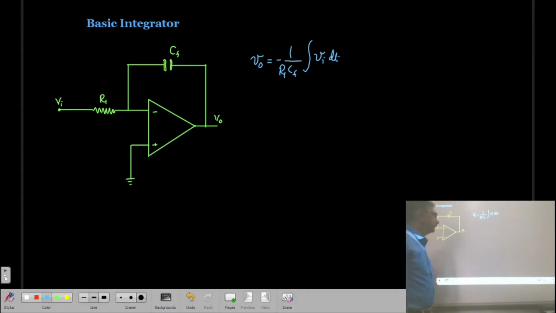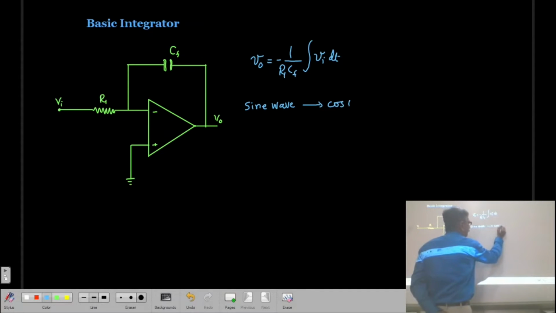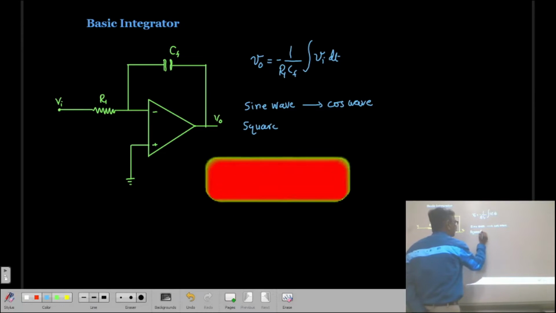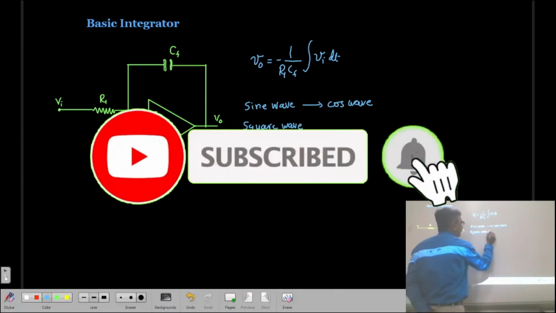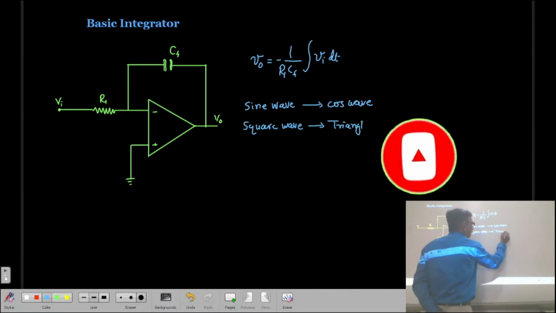Then we have seen that at the input, if we apply a sine wave, the output is going to be a cosine wave. If we apply a square wave, the output is going to be a triangle wave.